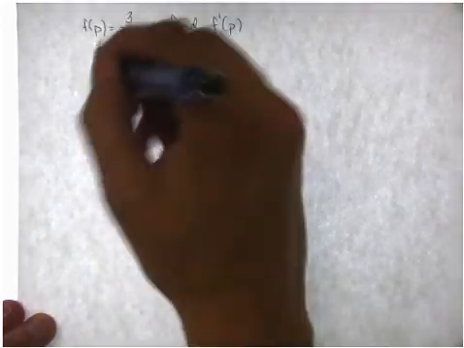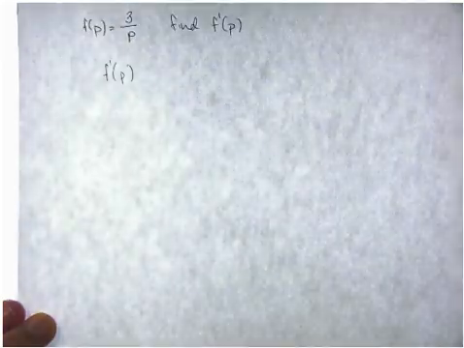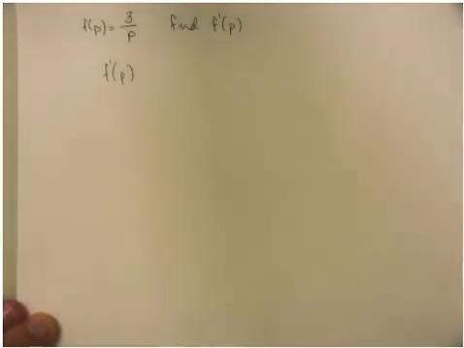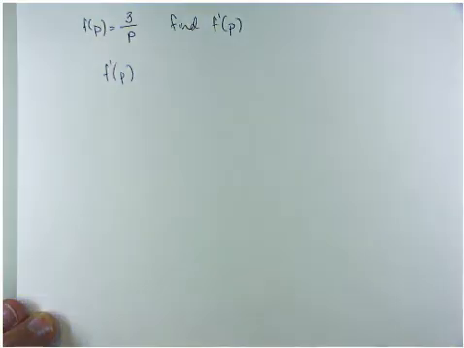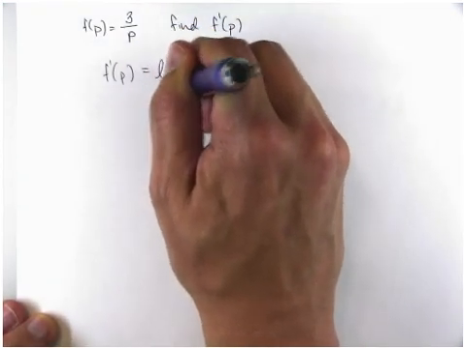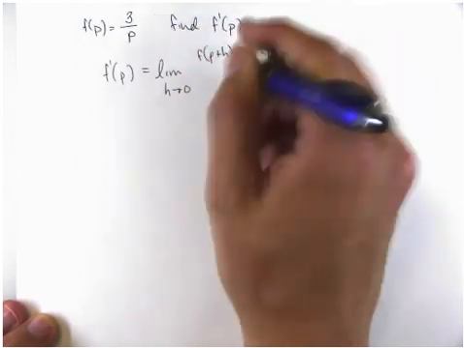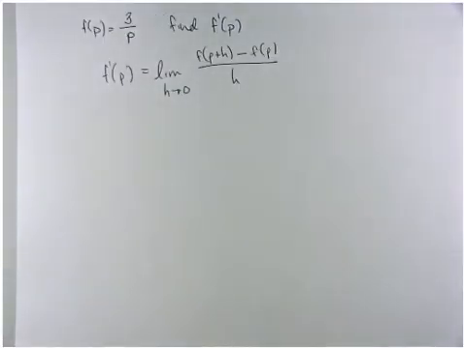Well then, I know that f prime of p is specifically defined to be this limit. F prime of p is equal to the limit as h approaches 0 of f of p plus h minus f of p, all divided by h.